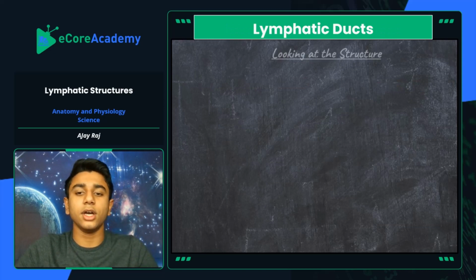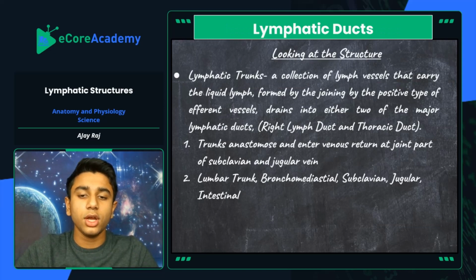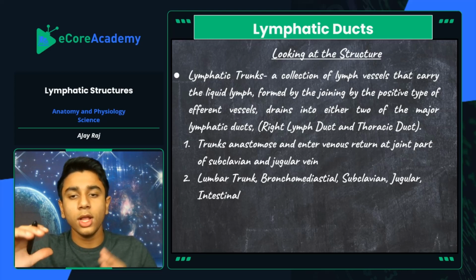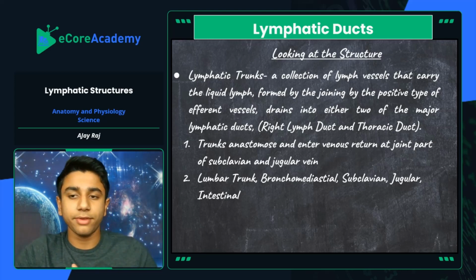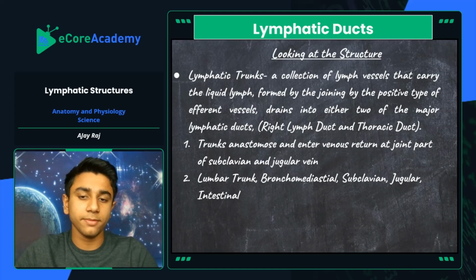Now let's look at lymphatic ducts. So looking at the structure, lymphatic ducts are basically a generalized term for lymphatic trunks, and I'll explain they basically mean the same thing. Lymphatic ducts are an overall term, and I'm going to explain what the lymphatic ducts are, but I'm just going to look specifically at lymphatic trunks.